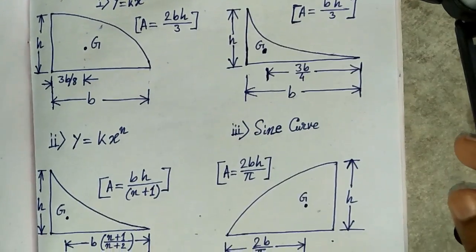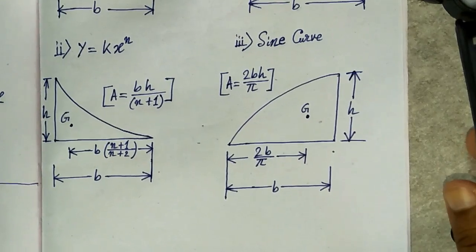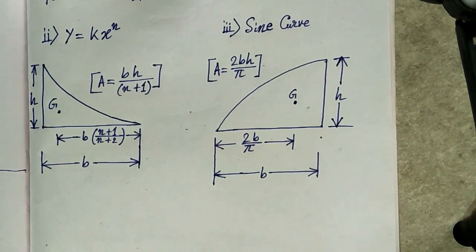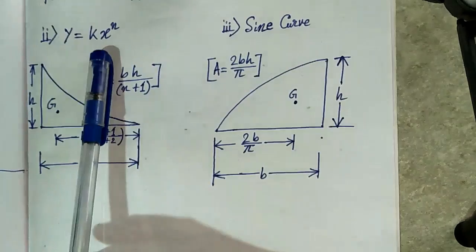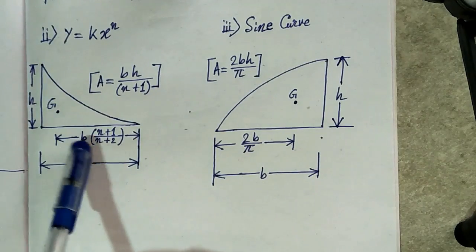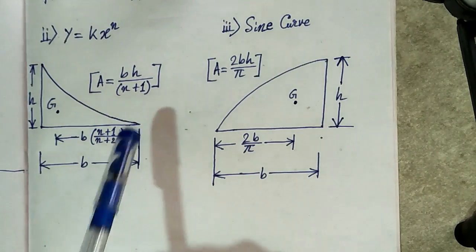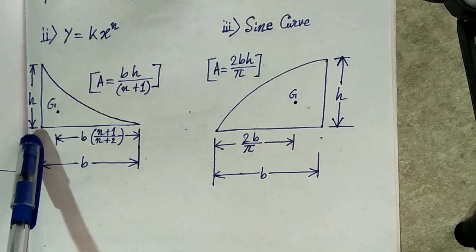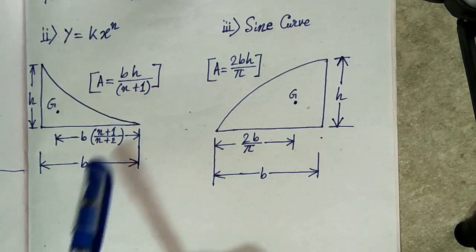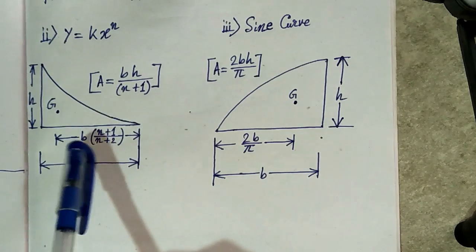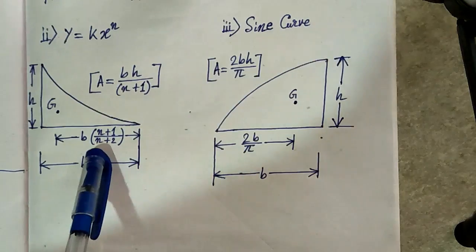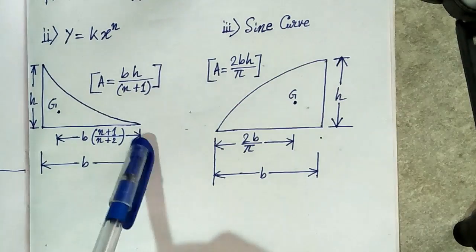Now this kind of curve, y equals kx to the power n: height h, base b, area bh by n plus 1, and CG at b into n plus 1 by n plus 2.